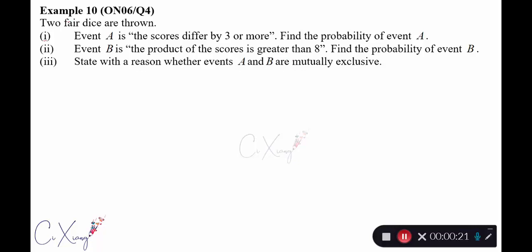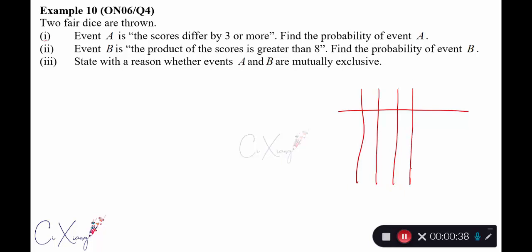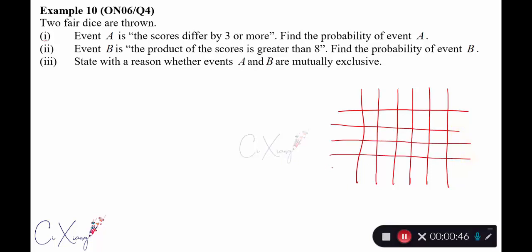Because from this question I see that I'm throwing two fair dice, I think a possibility space diagram is a good method to use.